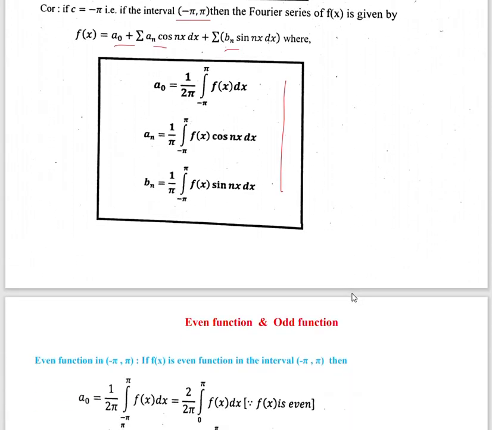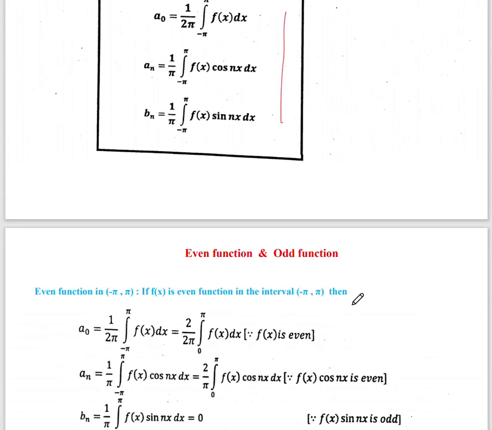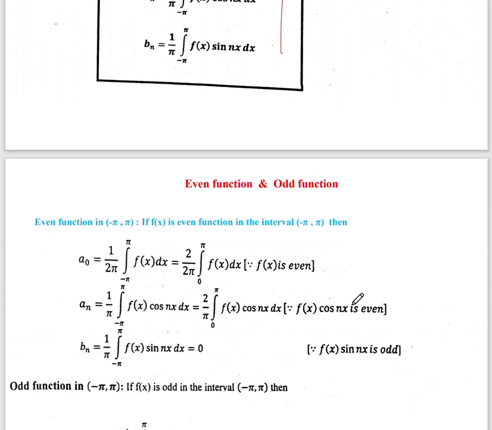Now we will see the even function and odd function in a Fourier series. What is the role of the even function and odd function in a Fourier series?